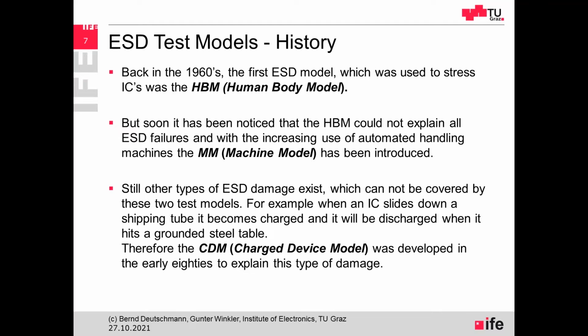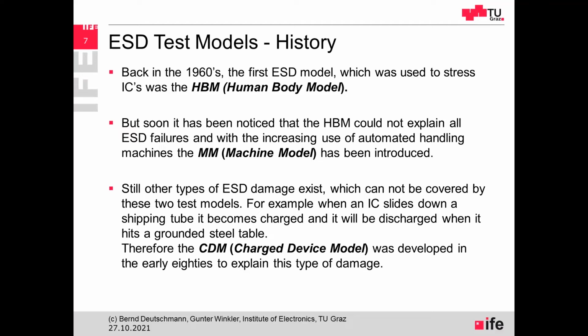And finally, they figured out that also the machines that are used to handle the ICs, for example, the pick and place machinery, which is picking an IC and placing it onto the printed circuit board, could be charged up. And when the machine, the robotic arm, for example, is touching the integrated circuit, there might also be an electrostatic discharge from the machine directly into the integrated circuit. And during these days, the so-called MM, or machine model, was developed.